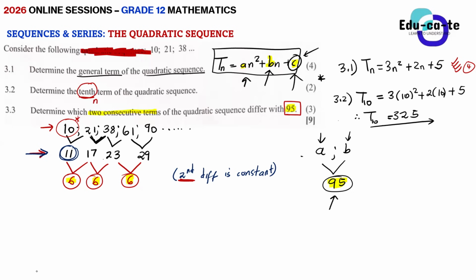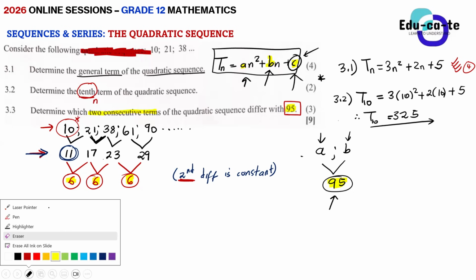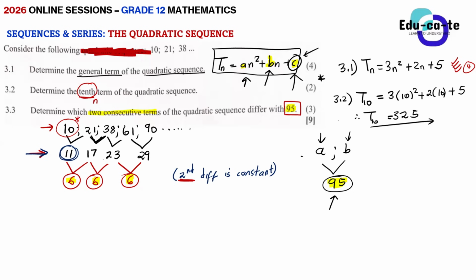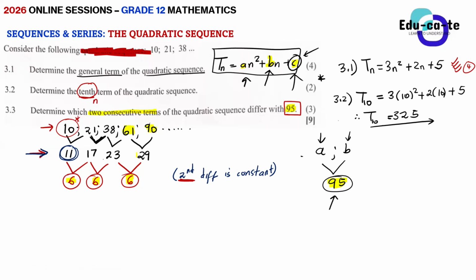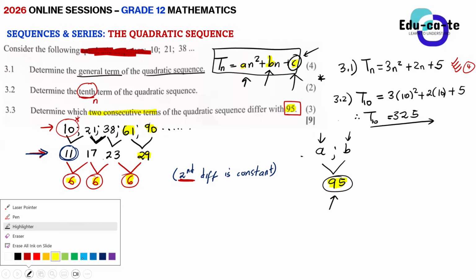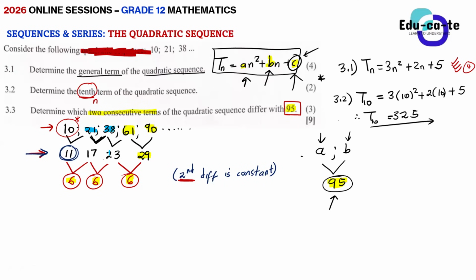Just like, for example, the difference between 90 and 61 in the quadratic pattern is 29. The difference between 38 and 21 is 23. Or between 61 and 38, the difference is 23. So basically, the difference here is making a pattern of its own.